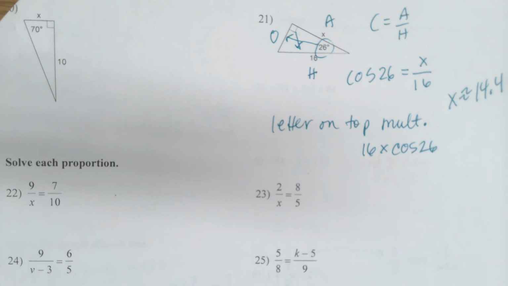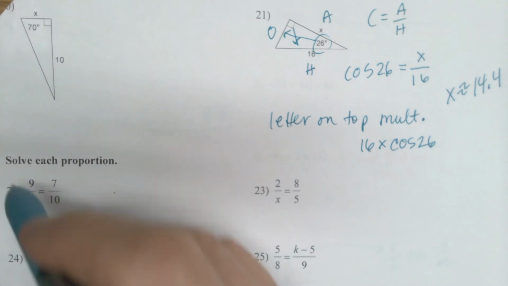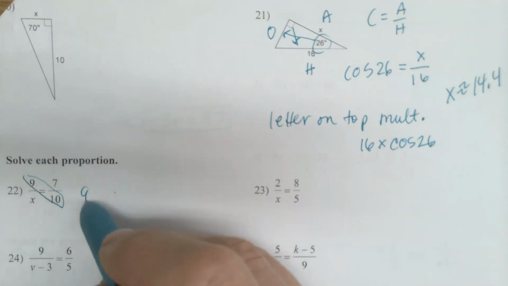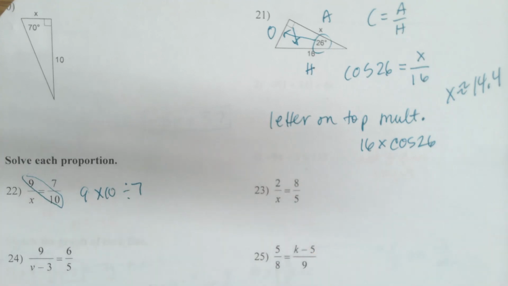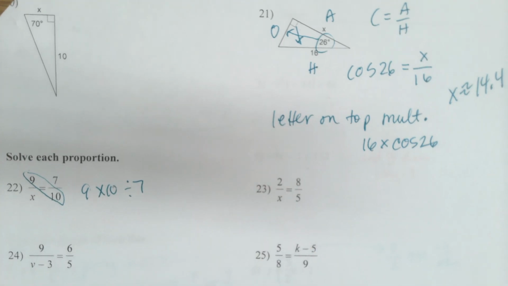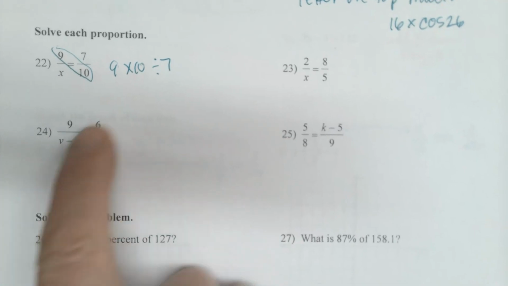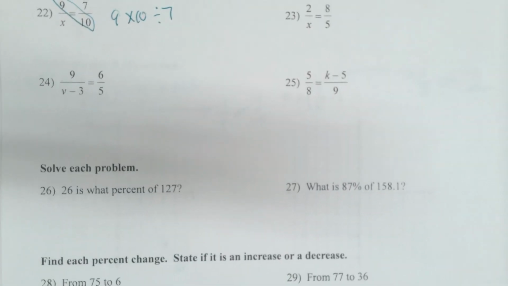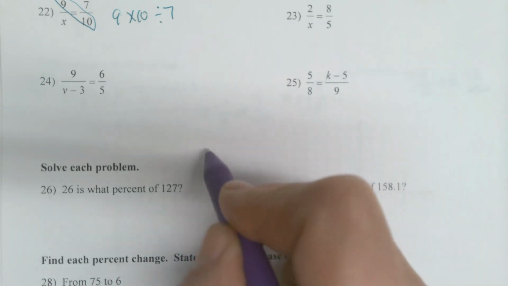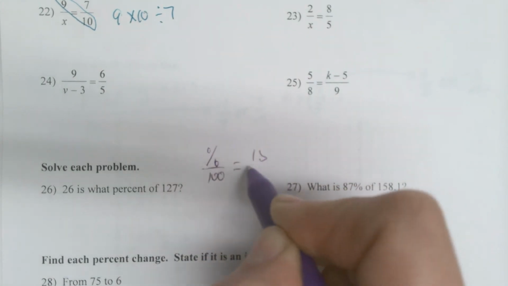And then, remember, proportions, just cross multiply and divide. The two numbers that are diagonal get multiplied. 9 times 10 divided by 7. Those go pretty quickly. Just plug it in your calculator. Sometimes you may have to set up an equation and solve. Percent problems, remember, percent over 100 equals is over of.